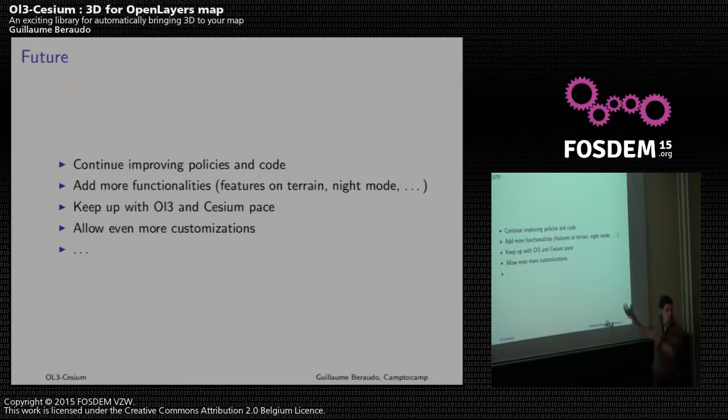This night mode: the previous example was some work in progress, so lots of things inside, like the night mode or the smooth transition from 2D to 3D, like Google Maps, where you have the bottom line that is fixed. You see that it's not the center of the screen, but it's the bottom line that is fixed. Yes, there is more work to get it really mainstream in the project.